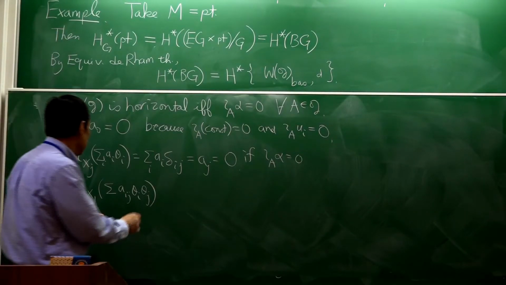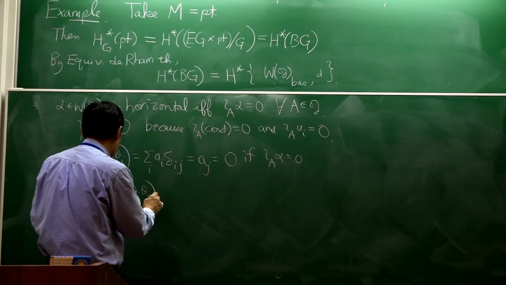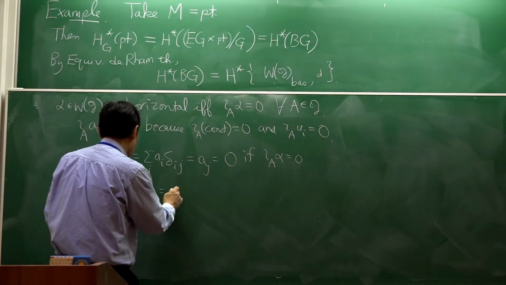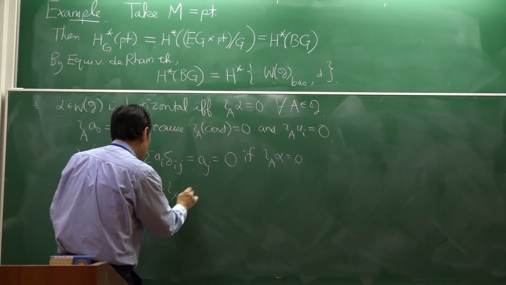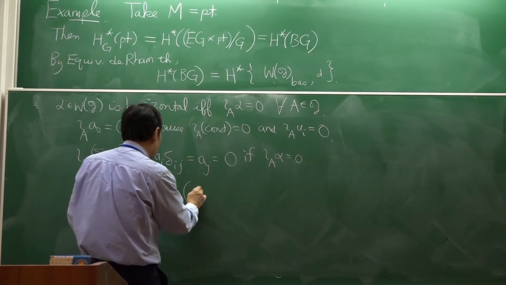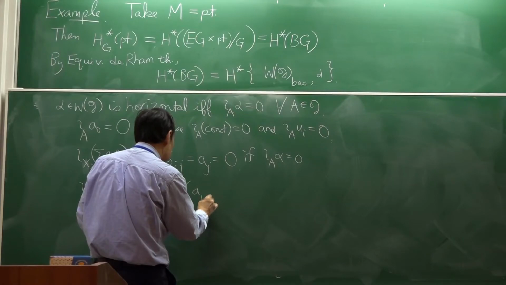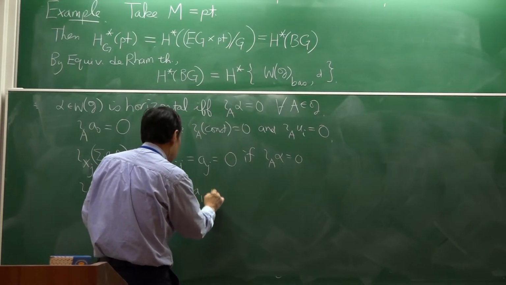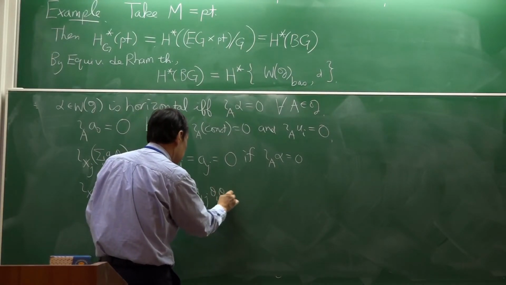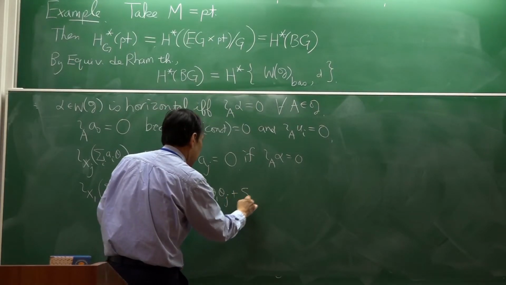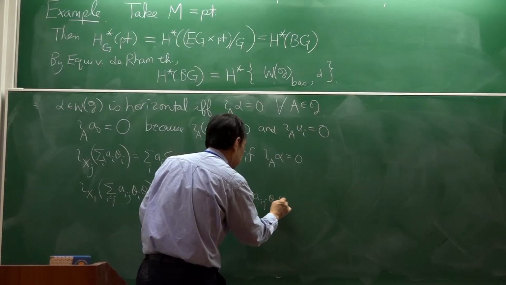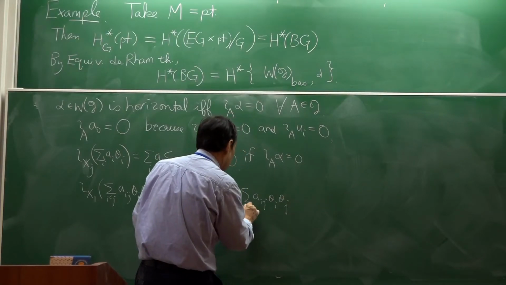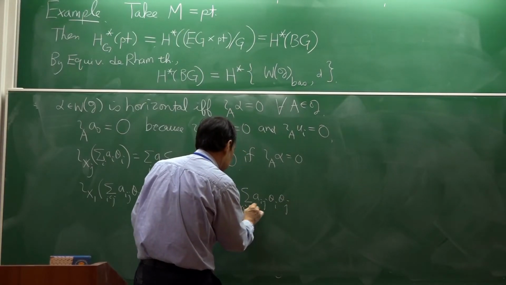You can write this as A1J theta 1 theta J plus AIJ theta I theta J, where I is greater than or equal to 2.